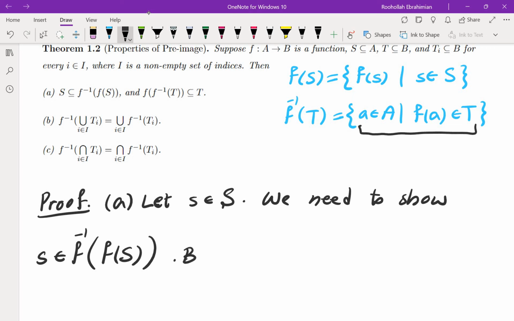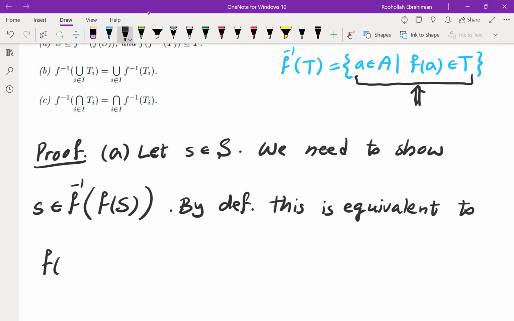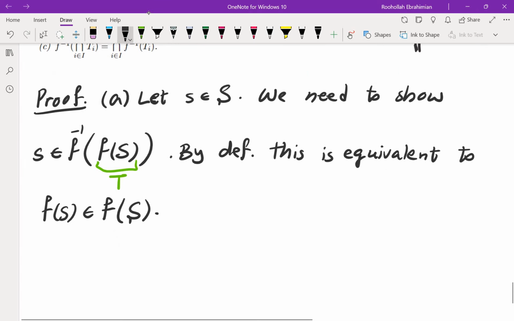By definition, this is equivalent to, what does it mean that something is in this set? It means if I apply f to that, then that would be in T. So it's equivalent to f of s being in f of S.